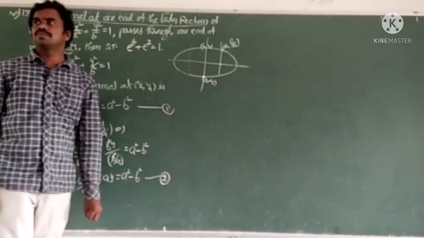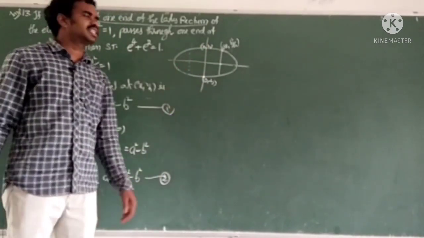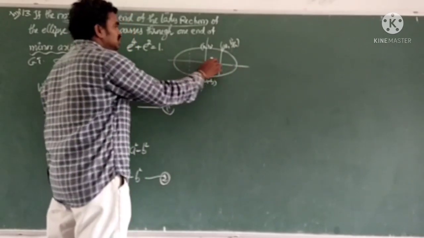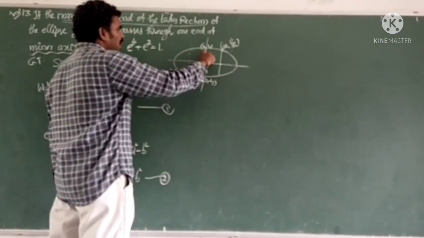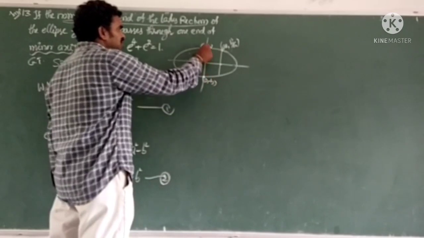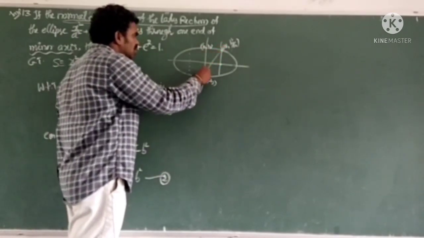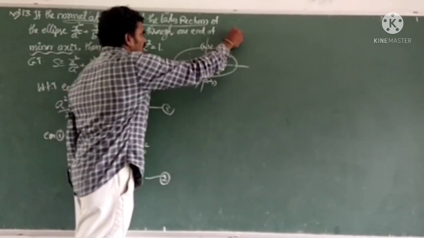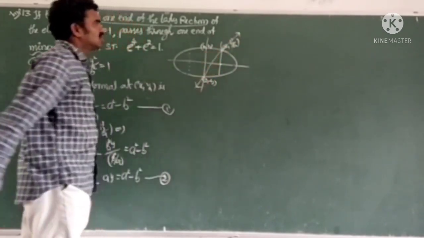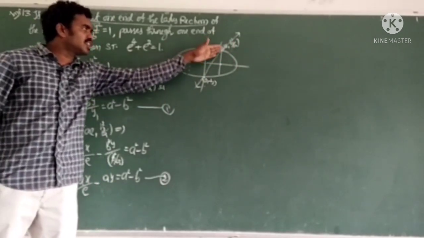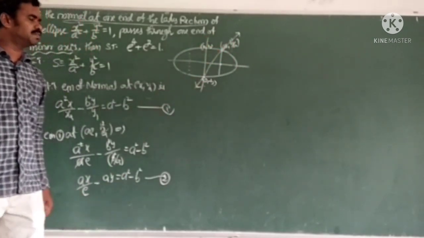If you learn the first part, these vertices we can write very simply. And this is (a, 0), this is (-a, 0). Here don't think about this, think about the minor axis. One end is (0, b), and I am taking the other end as (0, -b). So this normal equation passes through (ae, b²/a), and this is also passing through (0, -b).